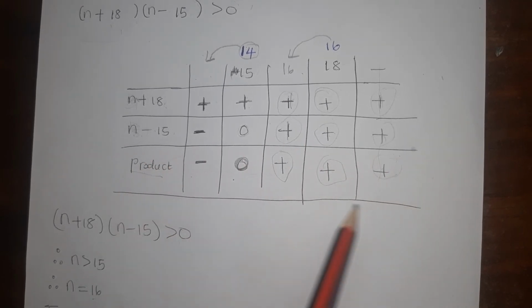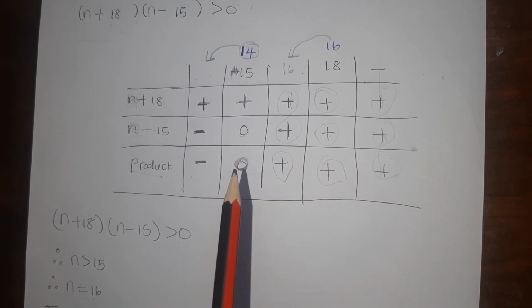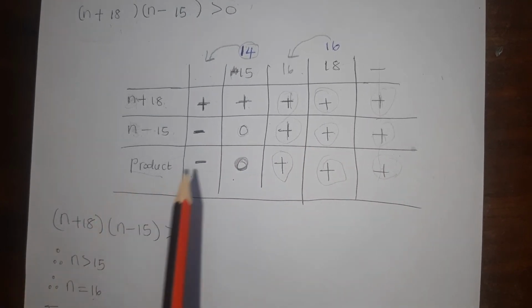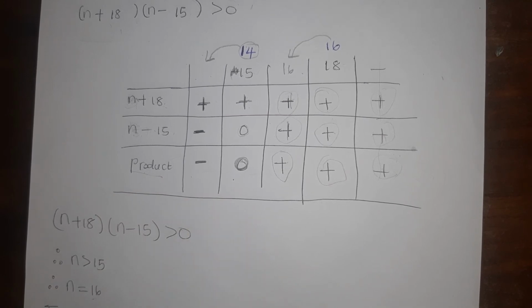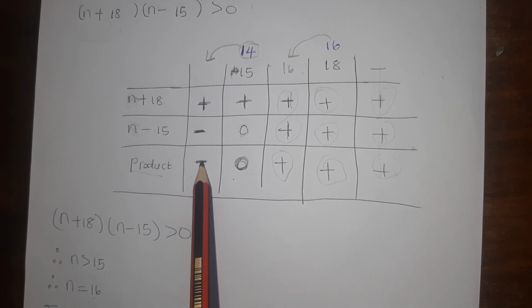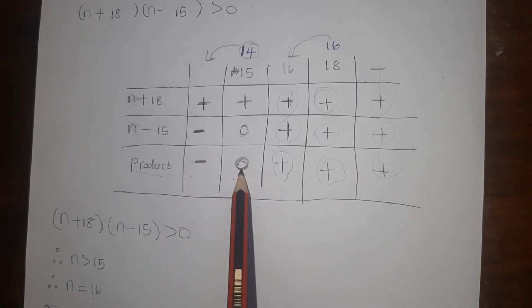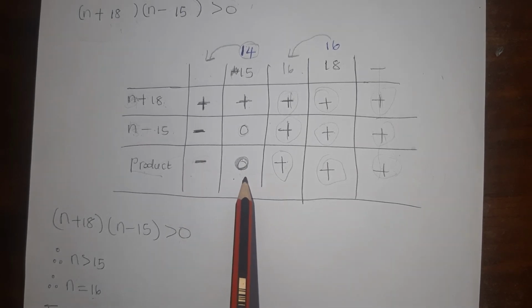The product that gave us 0 here, that's the number that we want. That's our term that we want. So here in our product, this product gave us minus, so that's not what we want. This product gave us 0. Yes, this is what we want.